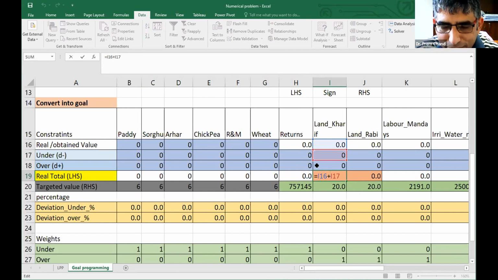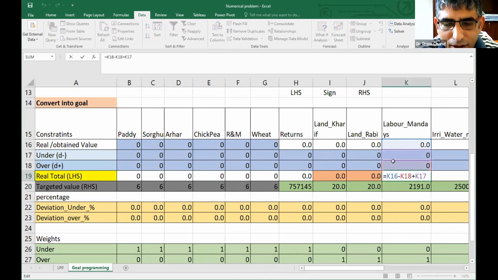So I have not subtracted the over deviations, or I have not allowed the over deviation. Similarly, in Rabi also, I have not allowed the over deviations.